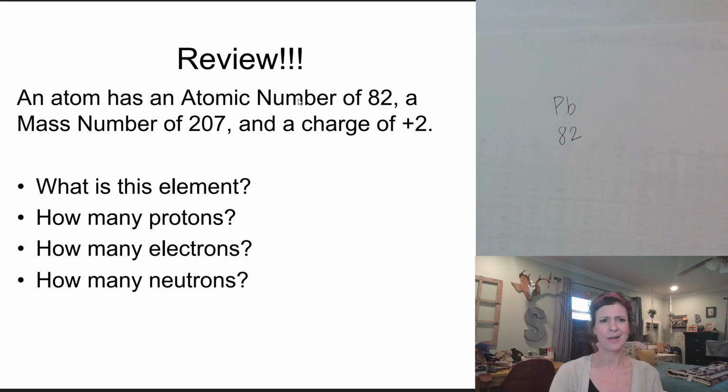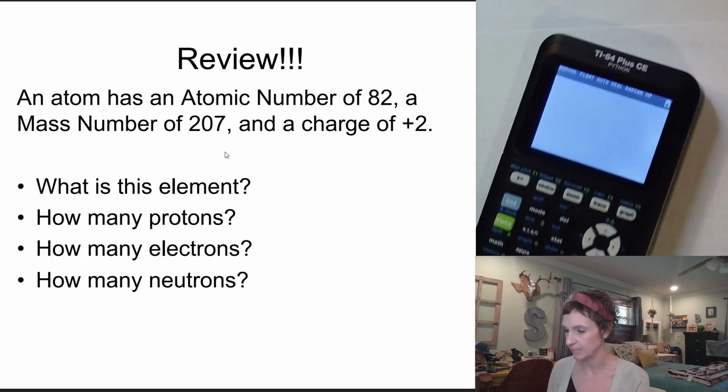Okay, then I go to mass number of 207. So that mass number of 207 tells me how many total things are in the nucleus of the atom. That gives me the sum of the protons and the neutrons. So to find neutrons from my mass number, I have to subtract from 207 the number of protons, which we said was 82.